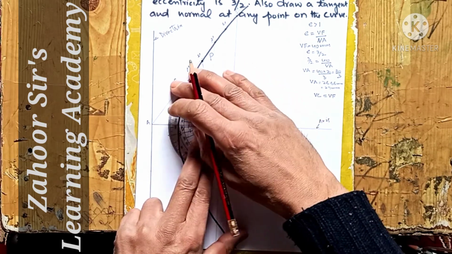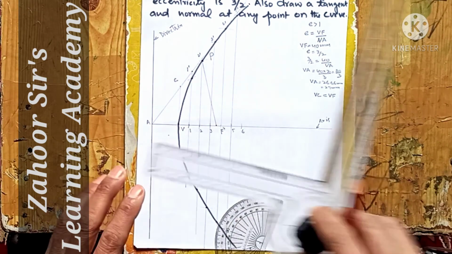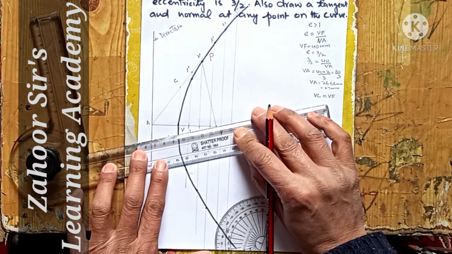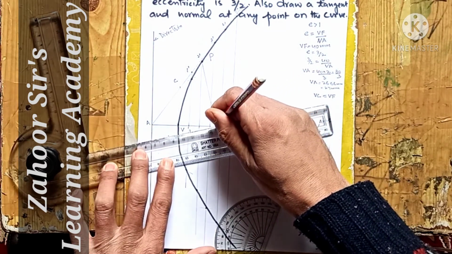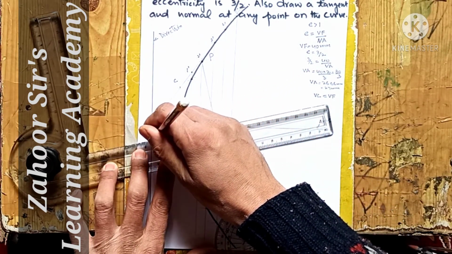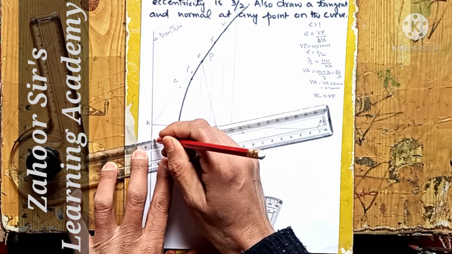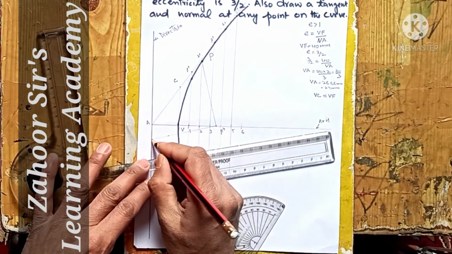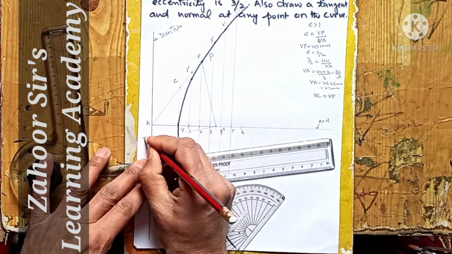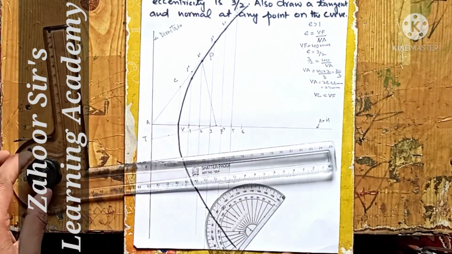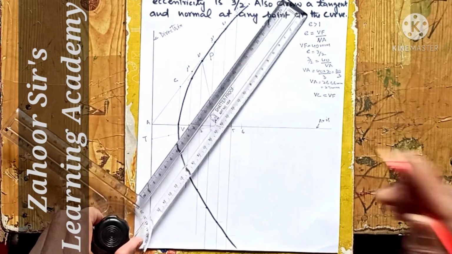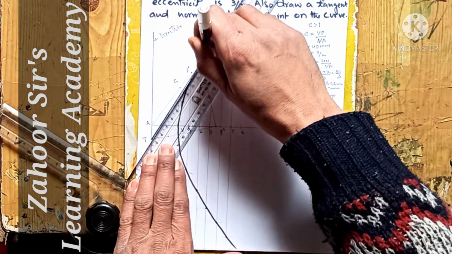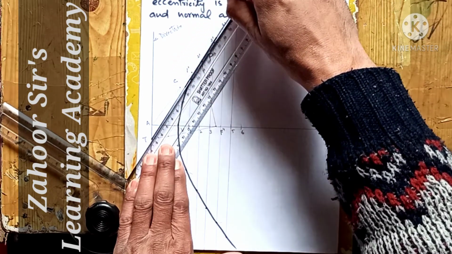Now joining these two points and extending that line up to the directrix, this line cuts the directrix at T. Now we connect this T point with the P point, and that is the tangent on this hyperbola.